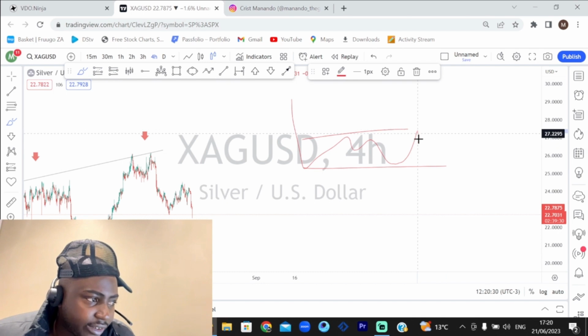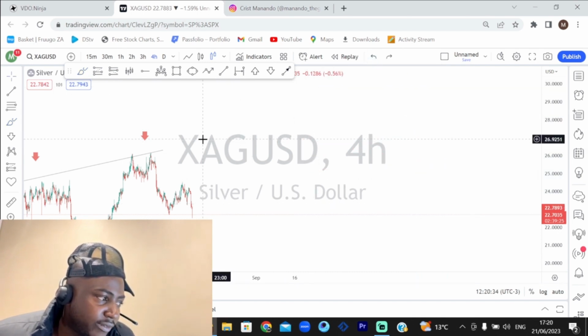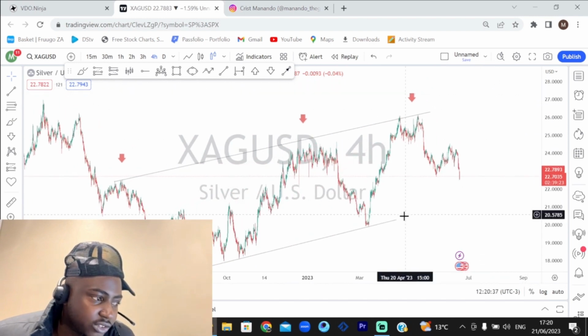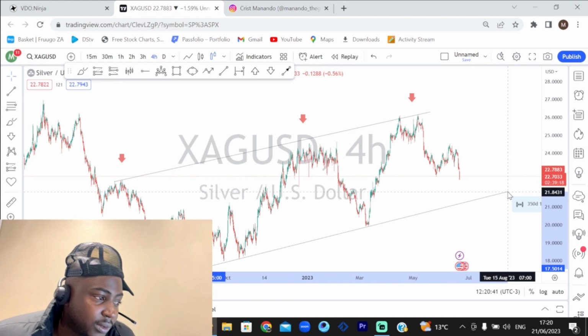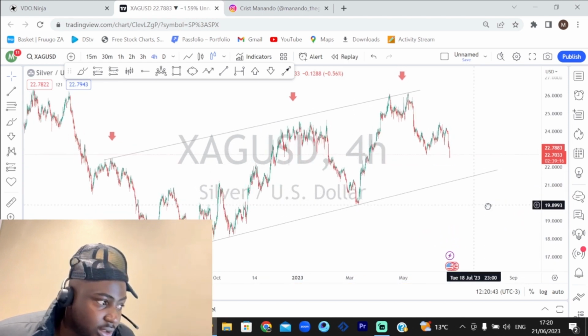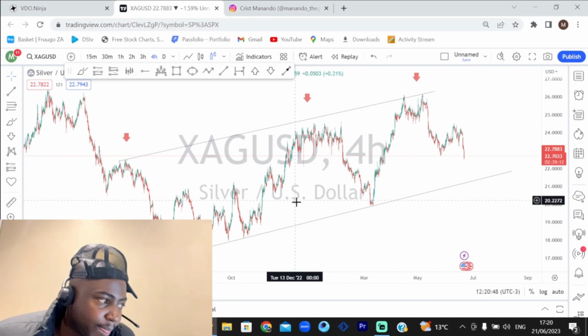We're going to sell from the resistance to the downside. So that is the reason why we're not going to focus on the support of the structure. The only thing that we're going to use the support for is take profits, basically. So no need to focus on this trend line.